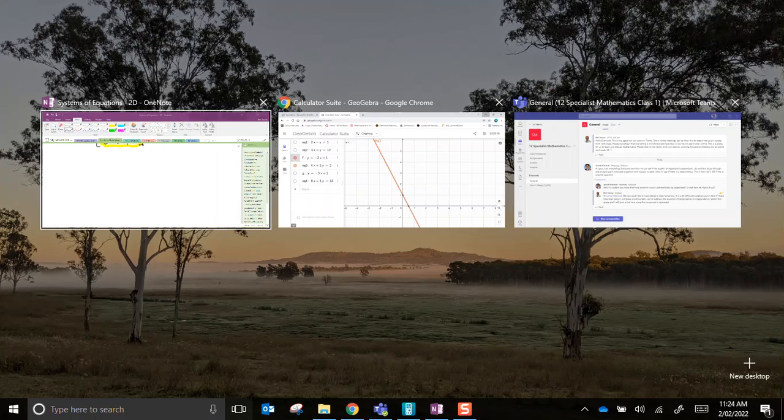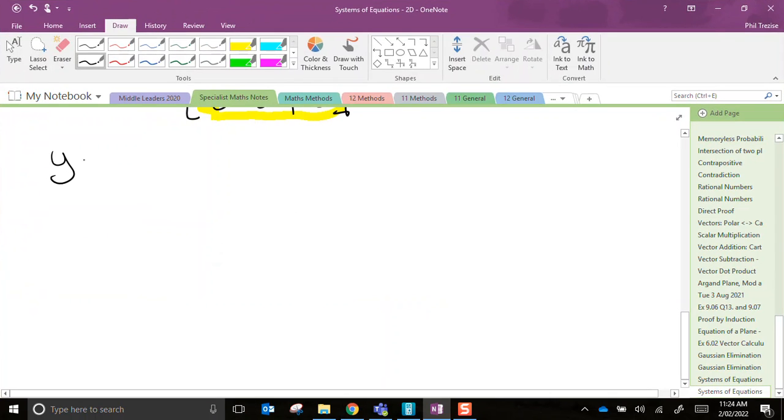Now let's look at a third example. y equals negative 3x plus 1. There's our first equation. And then I have 9x plus 3y equals 12.